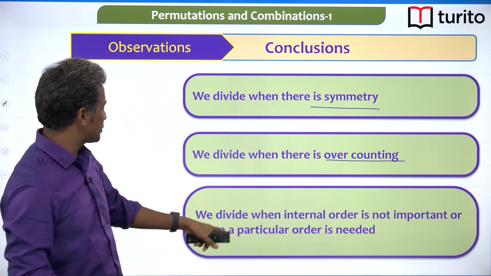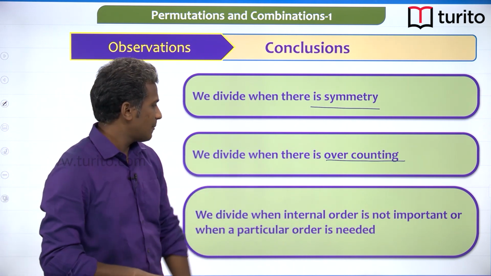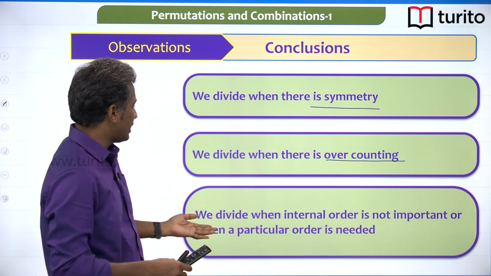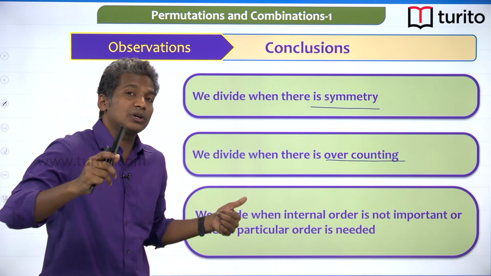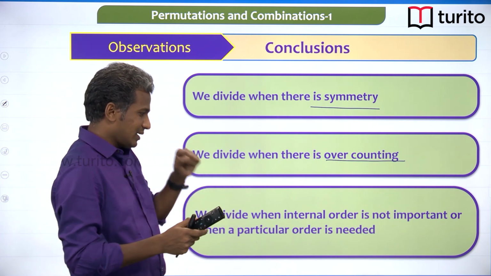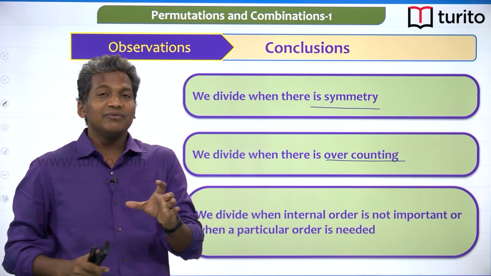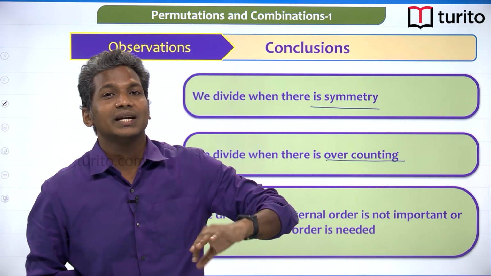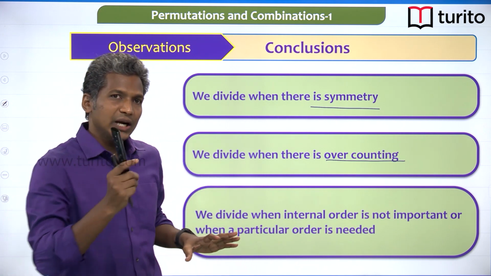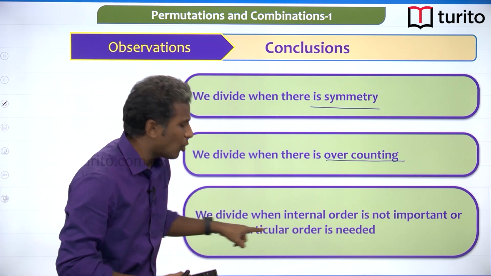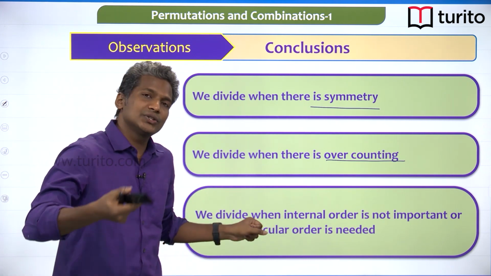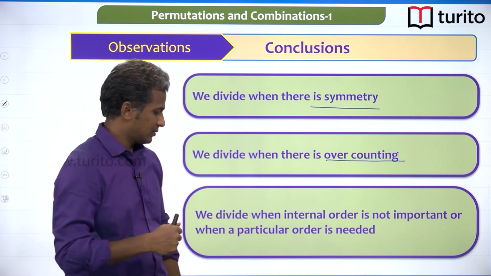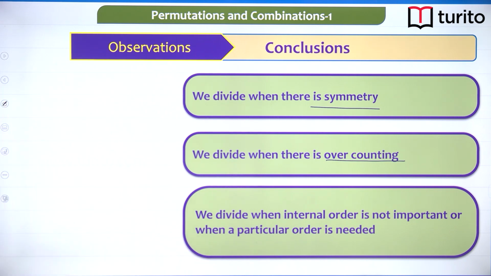We divide when internal order is not important, we do not divide when internal order is important. And also when a particular order is needed, then also we divide. These are conclusions that you should be noting. Come on, make a note of this.